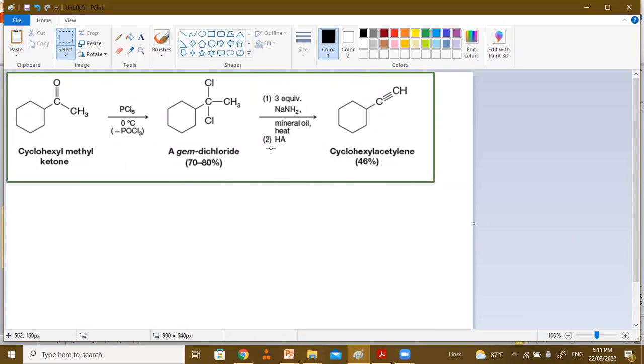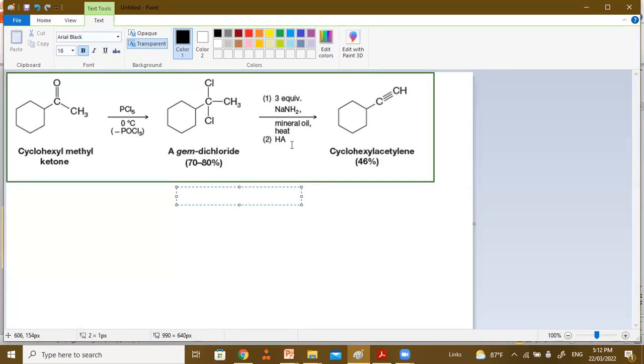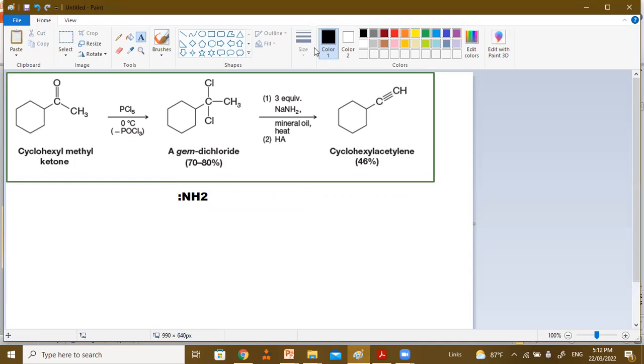Okay, so let's see. You have your amide. You always have to go through the reaction mechanism. You have your amide here. Your NH2 will come from your sodium amide. You have your NH2, and of course, you have your electrons.